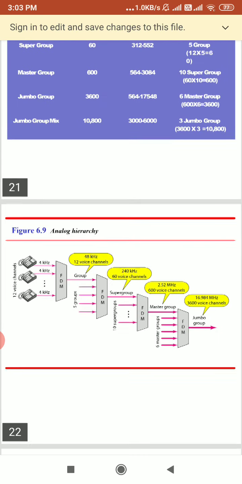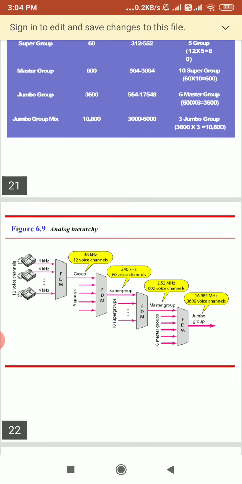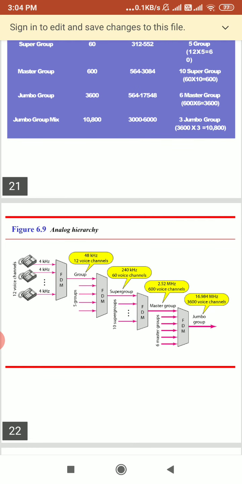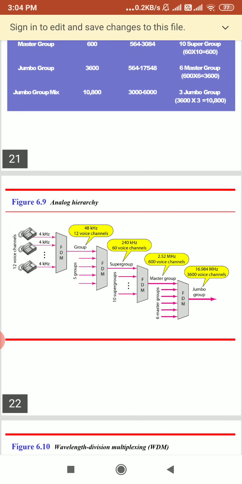And the CCITT hierarchy, the other type, can be used in Europe and the rest of the world. So we will see both of these. Firstly we will see the AT&T hierarchy, which is used in North America and Japan. So here you can see the diagram for the AT&T.